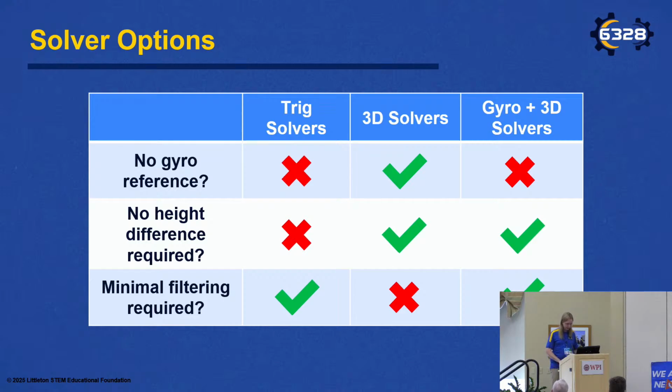I also want to give a good rule of thumb regarding error for all of these algorithms. All of these algorithms have error. 3D solvers tend to suffer from greater noise, but with lower bias. What that means is that there is higher variation in the individual observations you get, but they tend to be centered on the correct position regardless of distance. The other two options suffer more from bias, but with lower noise.